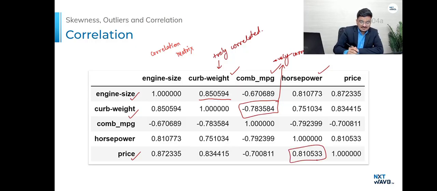We can see that there is a positive relationship here as well with a factor of 0.81. This is how we can identify positive relationships and negative relationships across our numeric features.